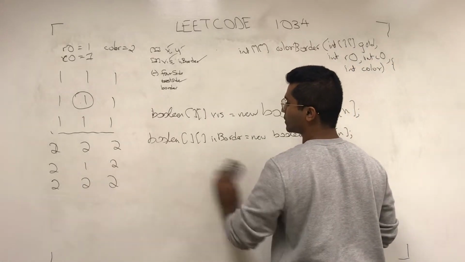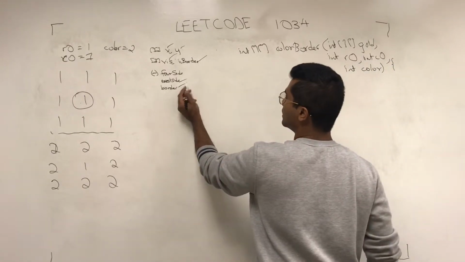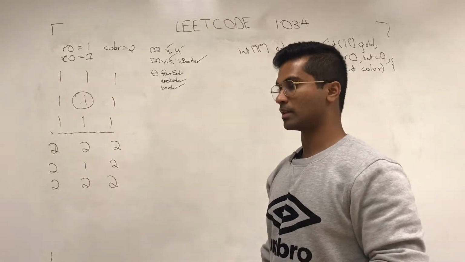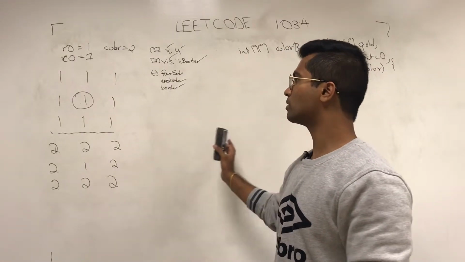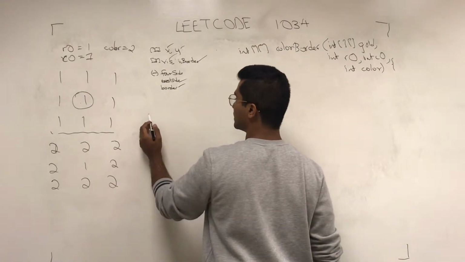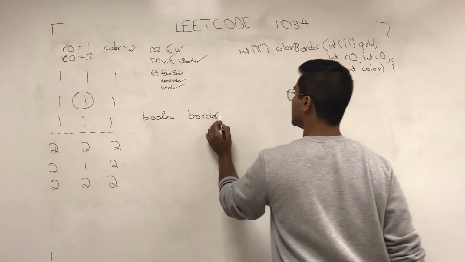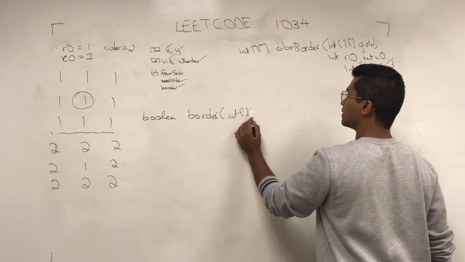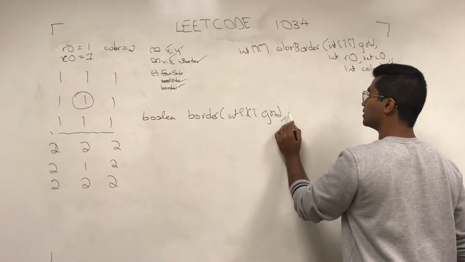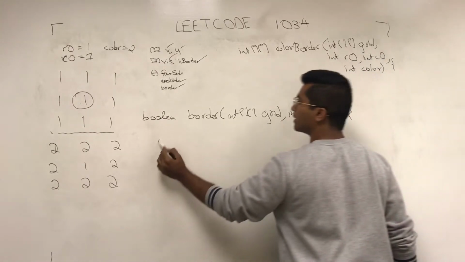Now we have to write a method called border, because the problem definition says if something is on the border and it's the same color as the original and in a connected component, we need to set it. So Boolean border, int grid, int i, int j.